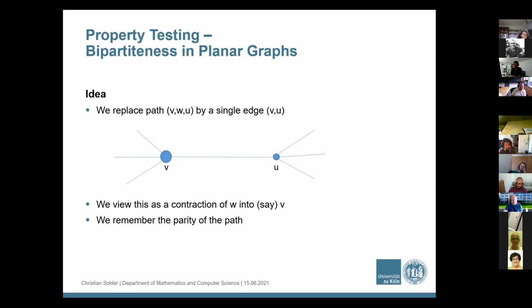And this will only change the probabilities of random walks by some constant. And so we view this replacement as a contraction of W into, say, vertex V. And since we want to discover odd length cycles, we also need to remember the parity of this path.